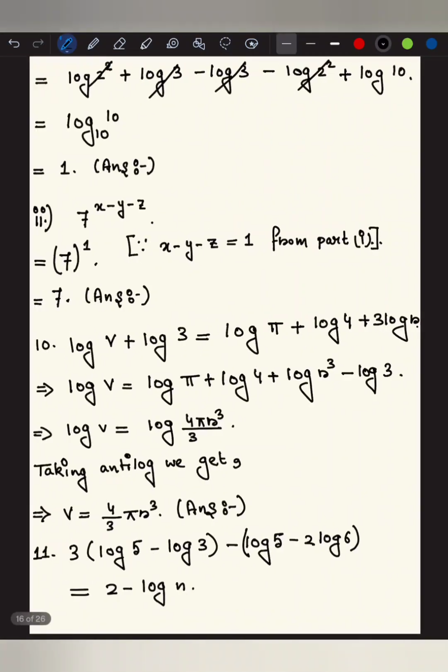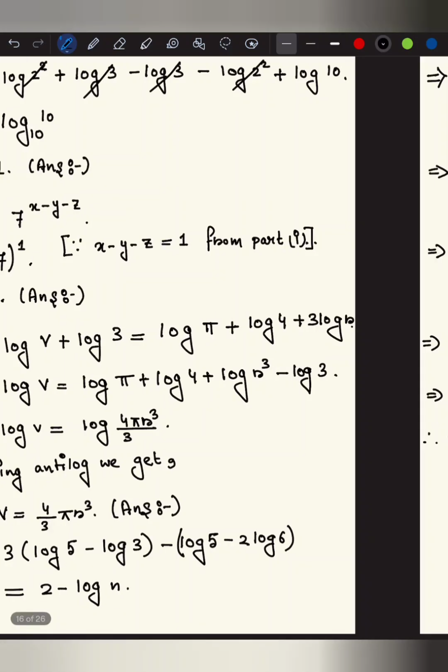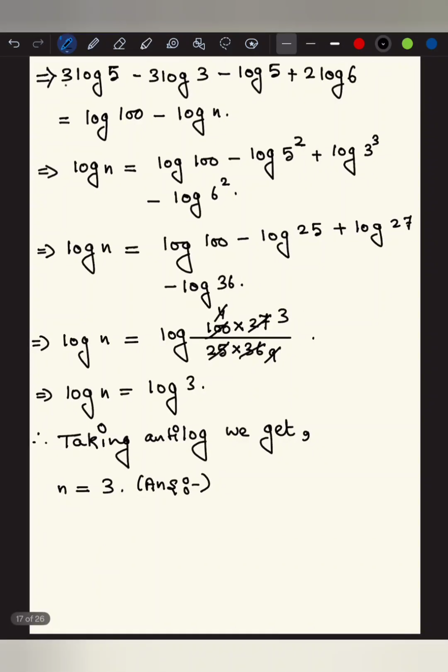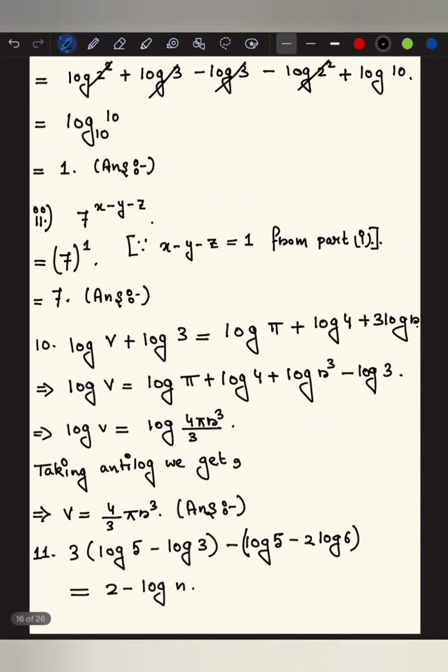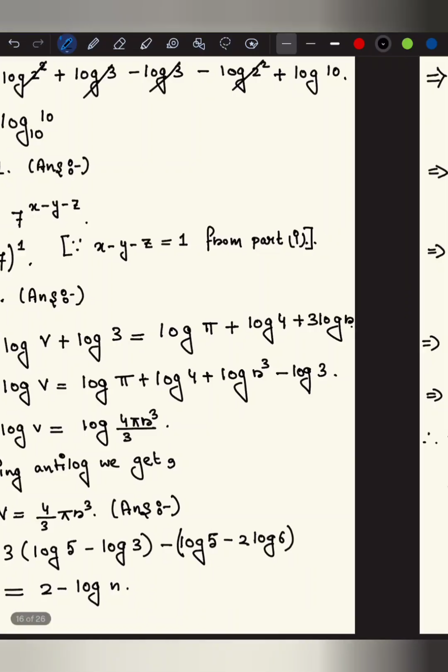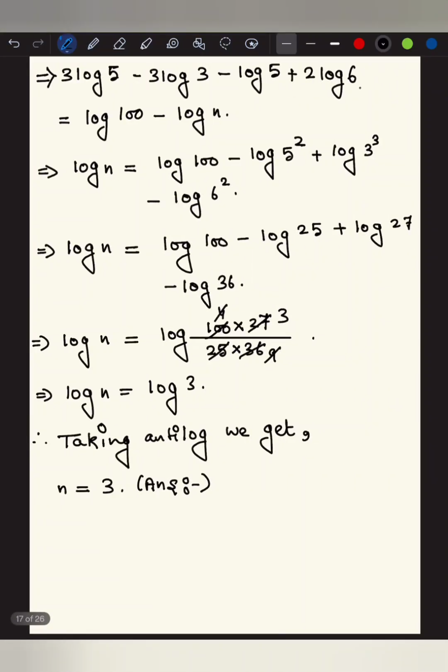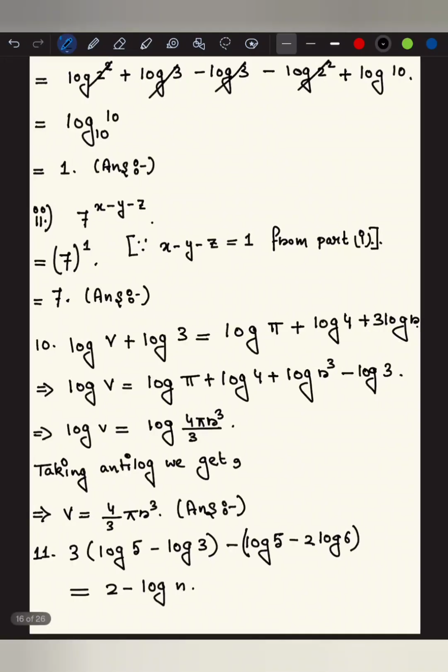So 3 into log 5 minus log 3 gets multiplied by 3, so this comes out to be 3 log 5 minus 3 log 3, again minus log 5 minus 2 log 6, so I'm just opening the bracket, so it will be minus log 5 plus 2 log 6, equals 2 minus log n.